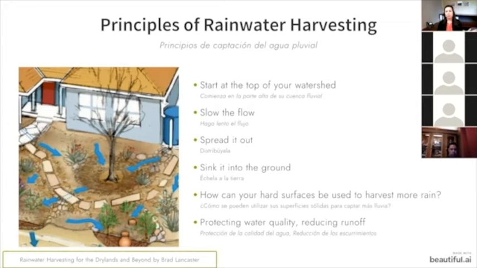It's really hard to make changes and move a lot of water once it's on the low side or the bottom of your watershed. We're trying to slow water down, spread it out, and sink it into the ground, or infiltrate it. And then looking at the multiple paved surfaces or hardscapes, ways that you could harvest more of the rain or infiltrate more of that rain. It's working to protect water quality and then reduce the amount of stormwater runoff going into our streets.